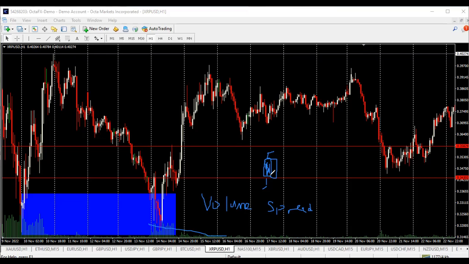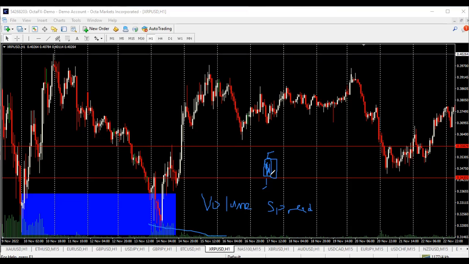That is, anytime you see a low volume, if you look at the candlestick that forms that volume, it must be a low spread. The body must be low. When you see a high volume, then the candlestick that forms that volume must also have a big body.